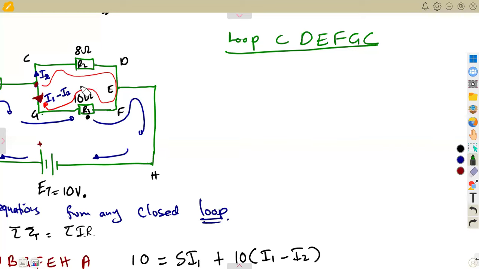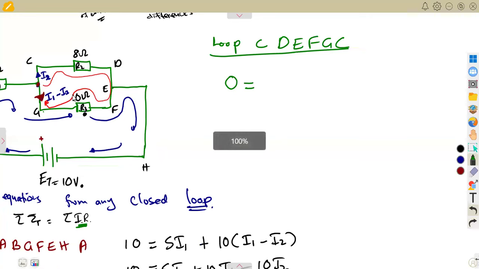Even if we do not have one, it means the EMF is 0. So you're going to take your EMF as 0. But we can have the voltage drops. Let's consider from C to D across this, there's an 8 ohm and there's a current I2. This current I2, is it following the direction in which we took the loop? Yes, it is following exactly.